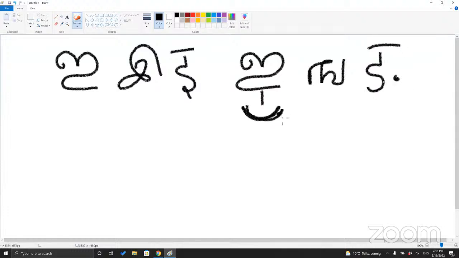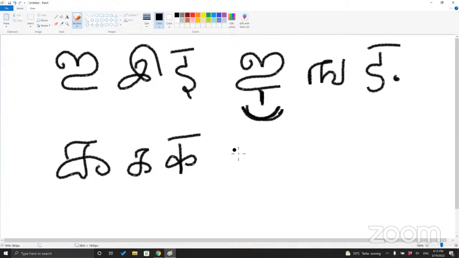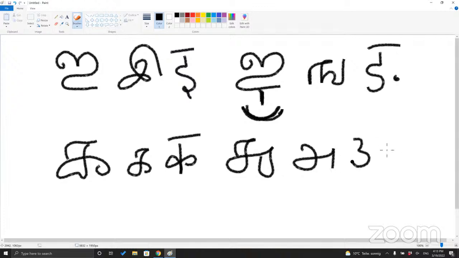The difference is this: there's a line coming down, and we have Ka, and you have A. The difference is the tip here, and the long thing here is just a loop.